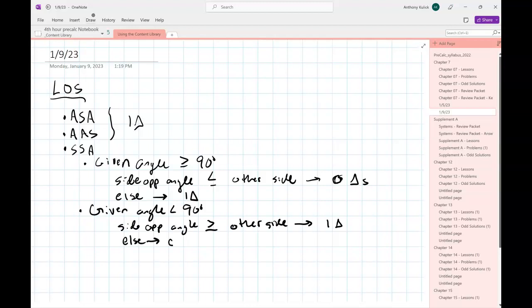Otherwise, you can have 0, 1, or 2 triangles, and it's not entirely clear from the given information which one of those 3 situations it's going to be.